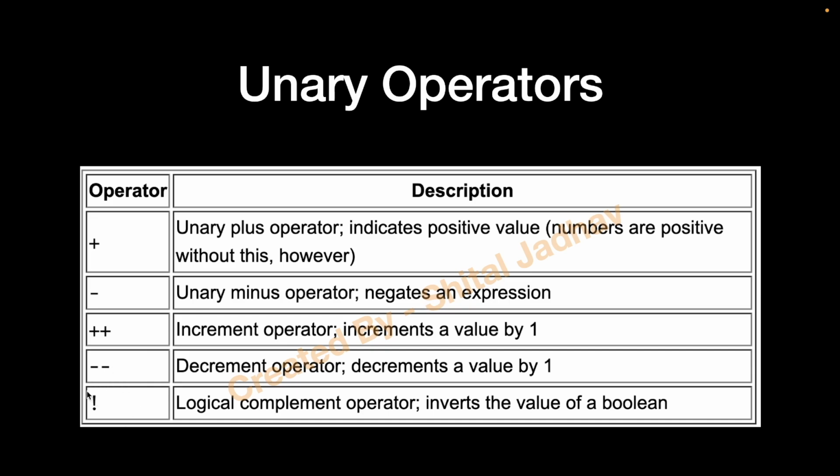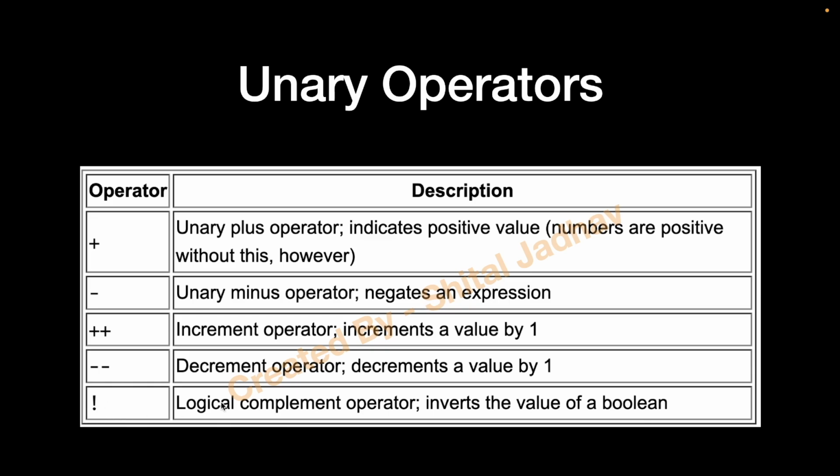And this is the not operator, or we can say the complement operator. It will invert the value of a boolean. For example, if your value is true and you use this complement operator, it will make it false.